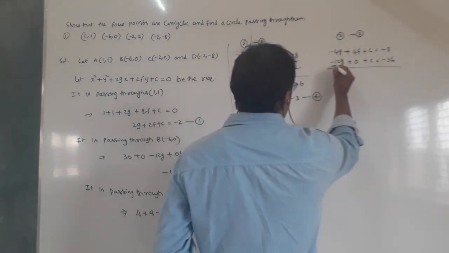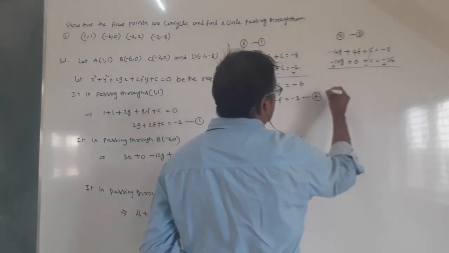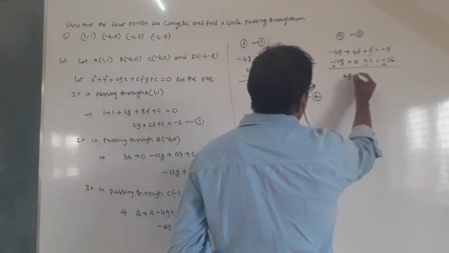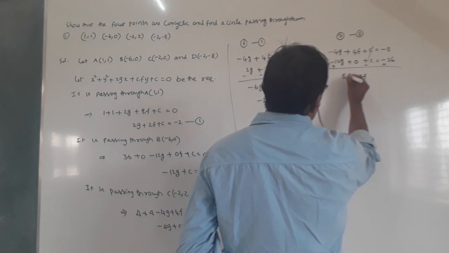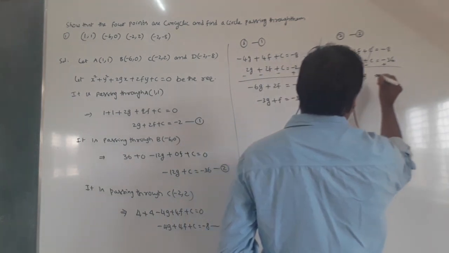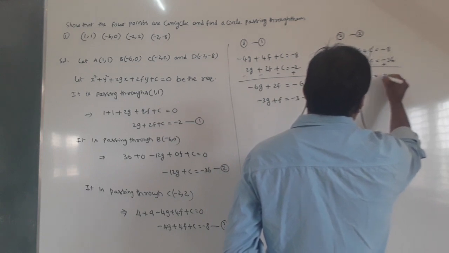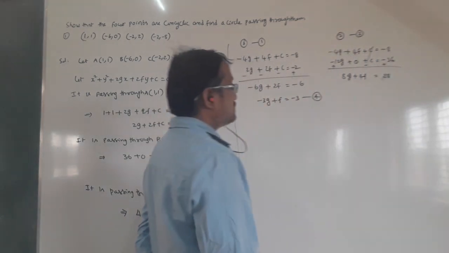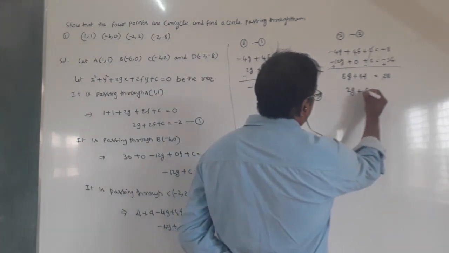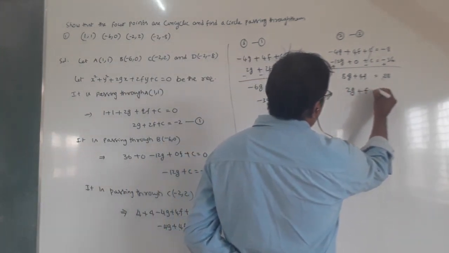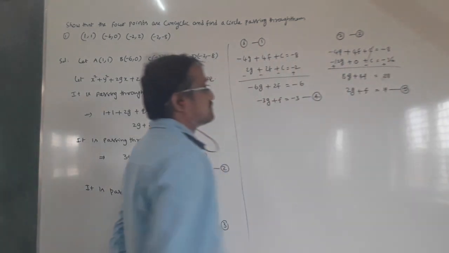So minus side will be plus, minus, plus. c will be cancelled. So 4g plus 8g, 8g plus 4f is equal to 28. So 2g plus f is equal to 7. Let it be equation 5.